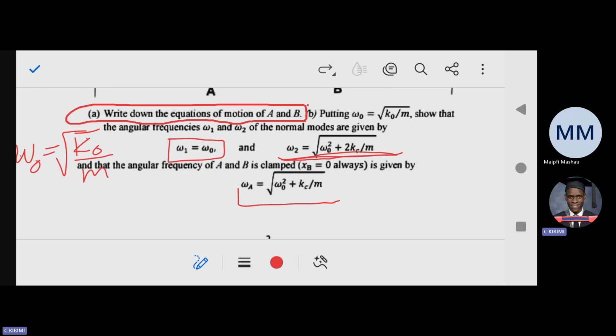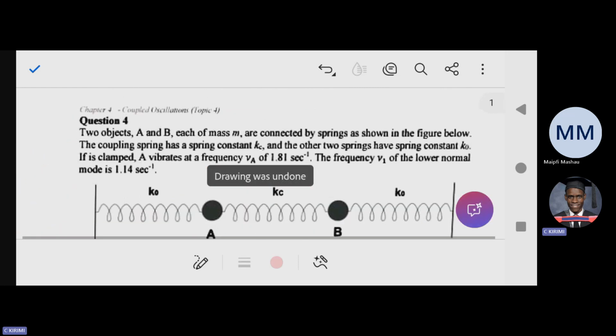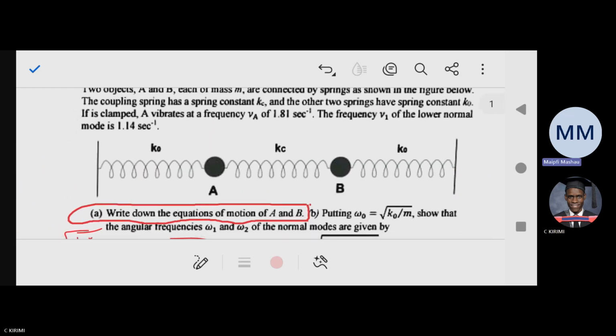The KC is coming from our diagram. Remember the diagram which we were discussing yesterday? The spring and the two objects. So it was like this.